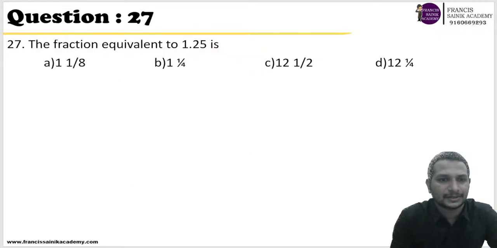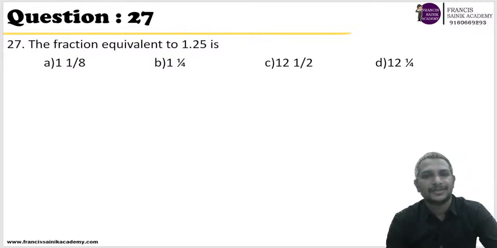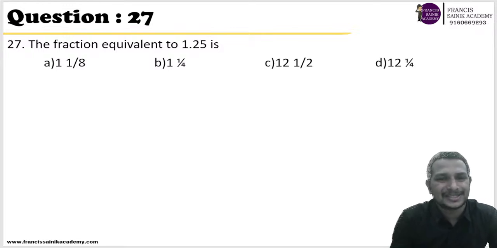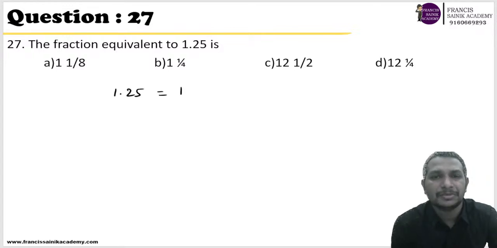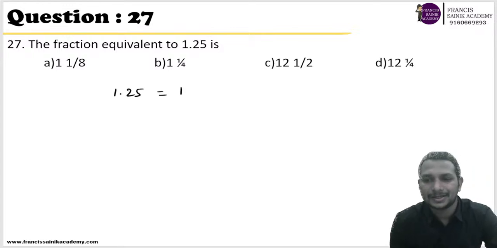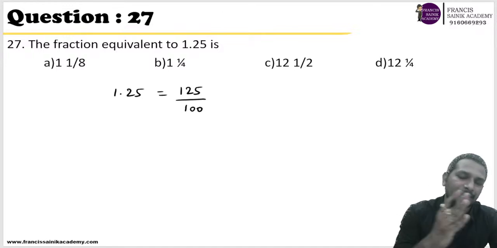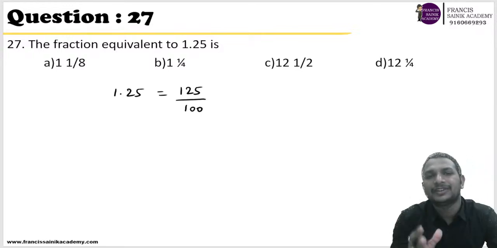Okay, next. Fraction equivalent to. Equivalent fractions mean reducing the fraction to its simplest form. It's a decimal number, right? So we have 2 digits after the decimal. As we have 2 digits after the decimal, I'll write 2 zeros in the denominator.